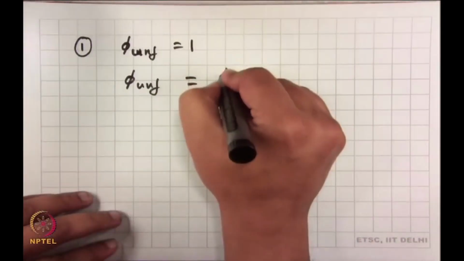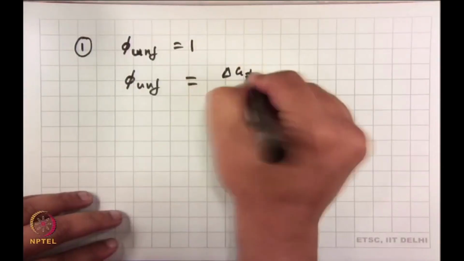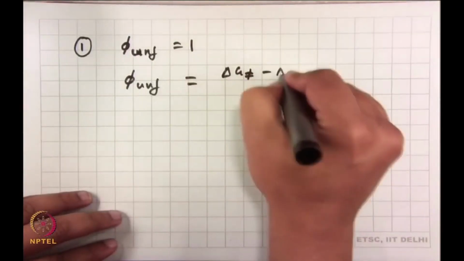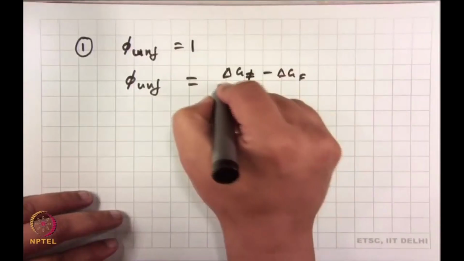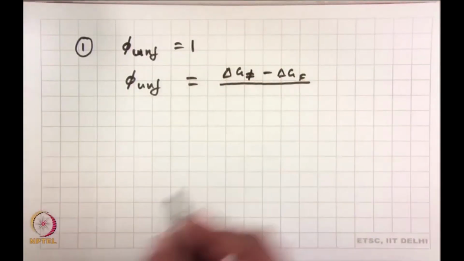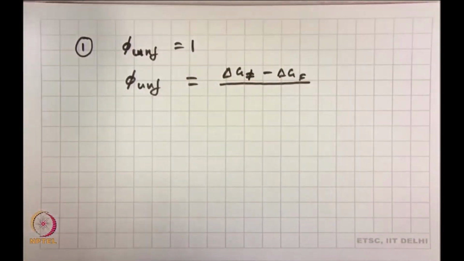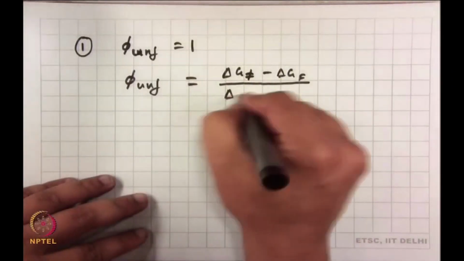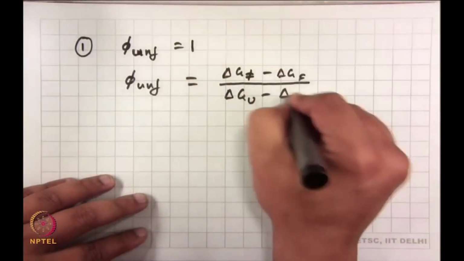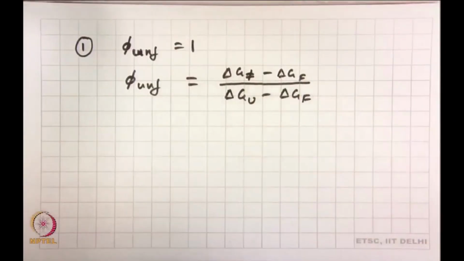If you look at the second equation, it was delta G hash minus delta G F, right. Then what was the next one? Delta G U minus delta G F, because I am going from the folded to the unfolded state. U is my final, F is my initial, right.